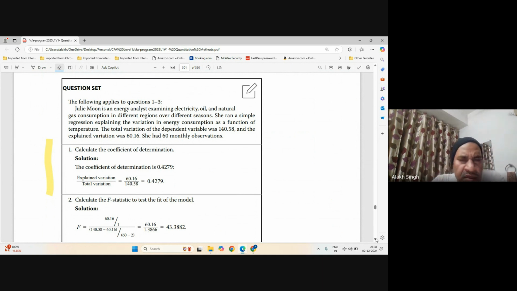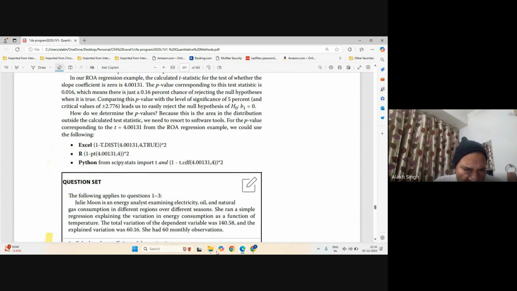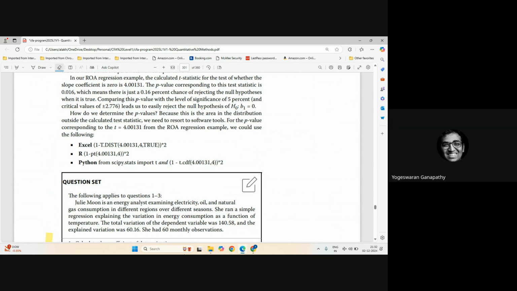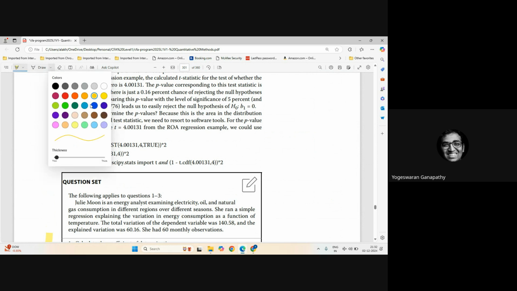I think you can answer all these questions very easily. Read it. Julie Moon is an energy analyst examining electricity, oil, and natural gas consumption in different regions over different seasons. She ran a simple regression explaining the variation in energy consumption as a function of temperature. The total variation of the dependent variable was 140.58 and the explained variation was 60.16.